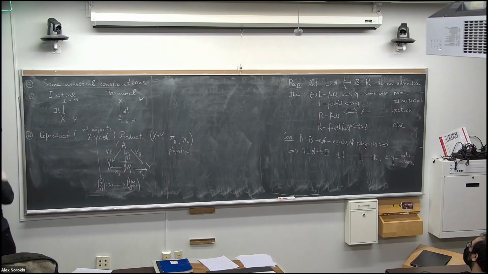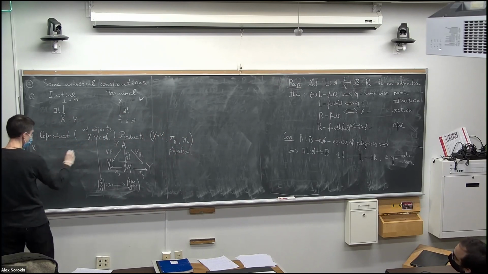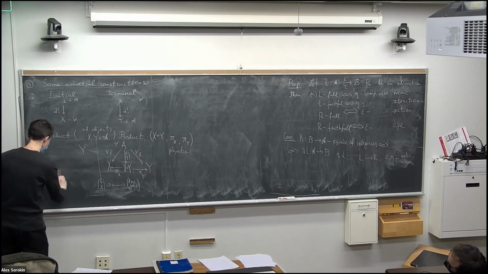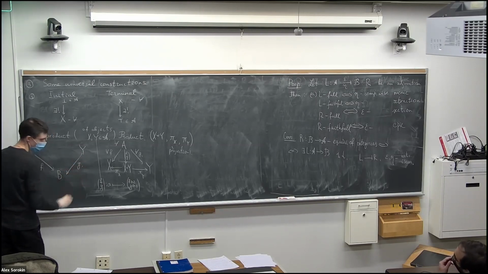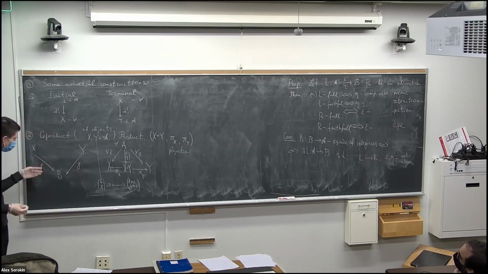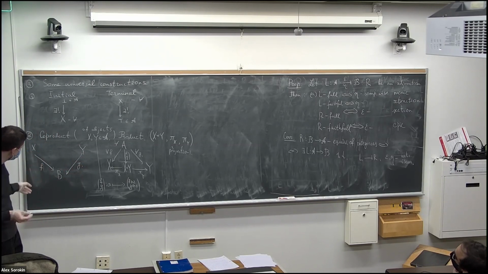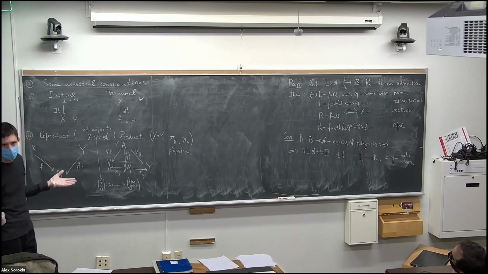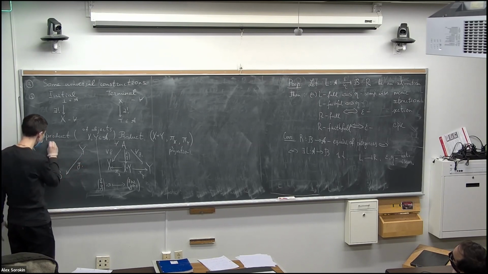Coproduct. You have set x, you have set y, and you are taking set B. Here is function f, here is function g. You want to also encode a pair of functions with a common end through a single arrow. Then you are taking x disjoint union y.